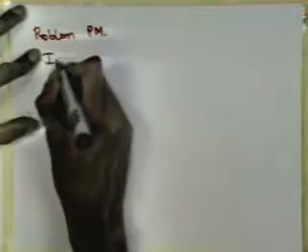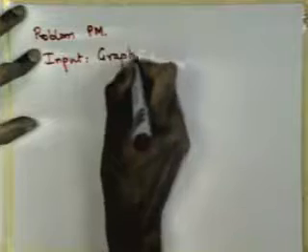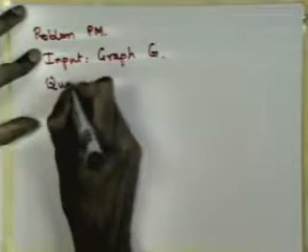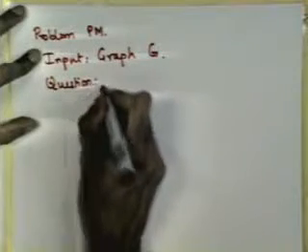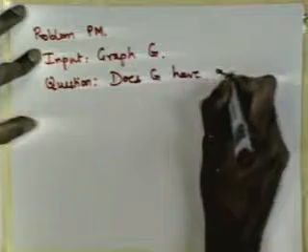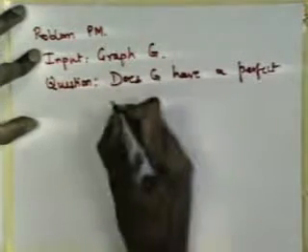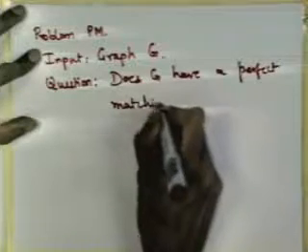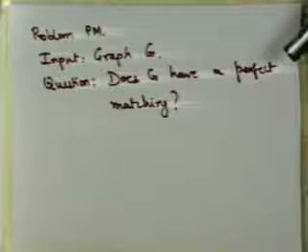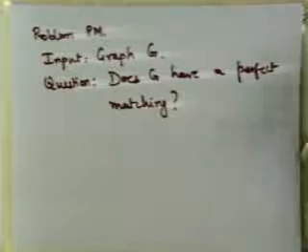The input is a graph G, and the question you ask: does G have a perfect matching? This is your first problem. The input is a graph G, does G have a perfect matching?